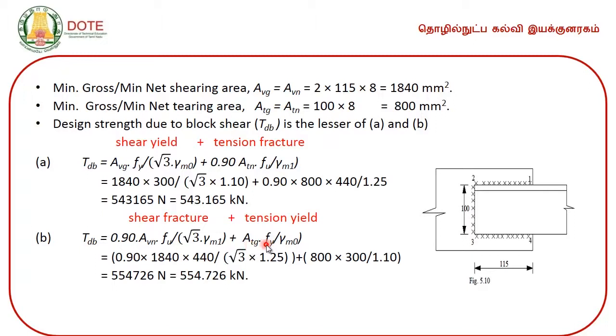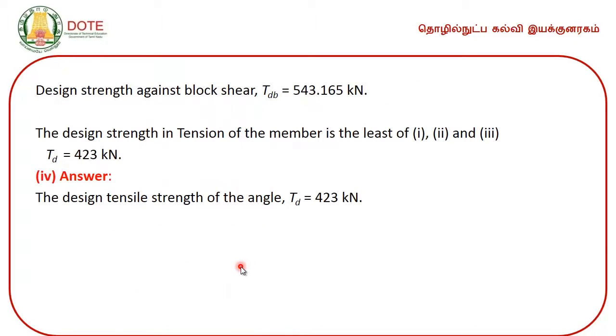So, Atg into fy, and the yield stress is associated with the partial safety factor for material under yield, gamma m0. Substituting the relevant values, we get the second option against block shear as 554.726 kilonewton, and the design strength against block shear is the lesser of these two.